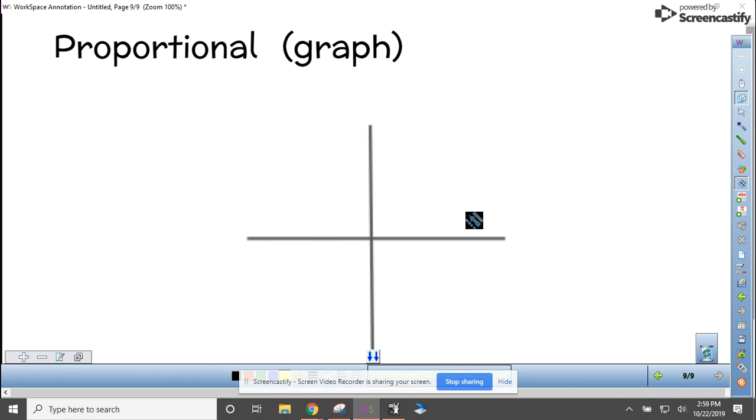So you're going to make your XY axis on your paper, and we're going to label this as our Y axis, and remember this is our X axis. So I'm going to draw a line. In this case, it's a positive line. We've got our arrows showing that it goes in both directions forever. This is a positive line that is proportional because it crosses through the origin right here at 0, 0.